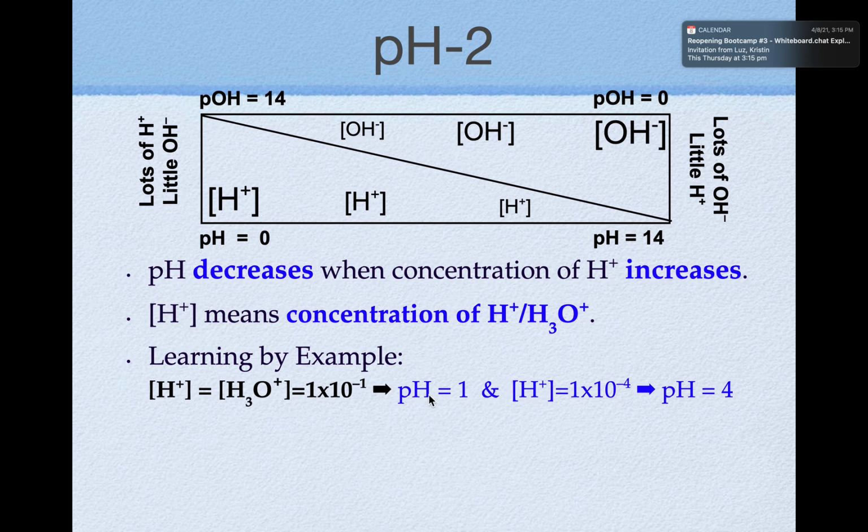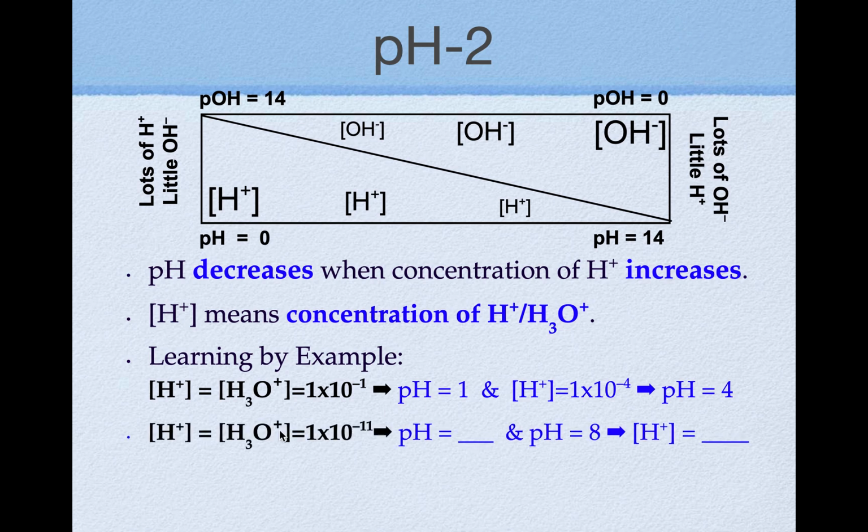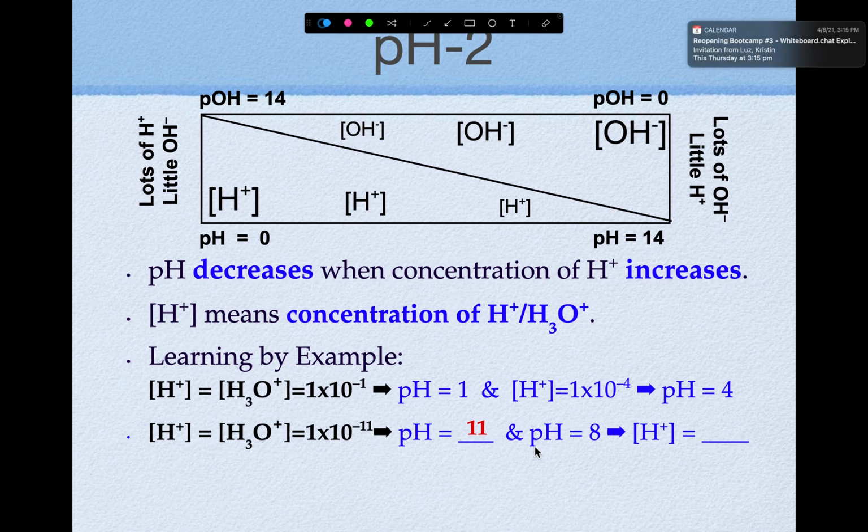So we can do another example where if this was suddenly, instead of 1, it was 11, what would the pH be? It would be 11, so the relationship does not change as the numbers get bigger. We maintain that. And then we have this. What if we gave the pH instead of the concentration?